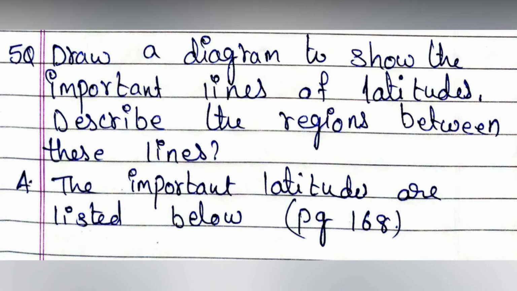Fifth question. Draw a diagram to show the important lines of latitudes. Describe the regions between these lines. The important latitudes are listed below.